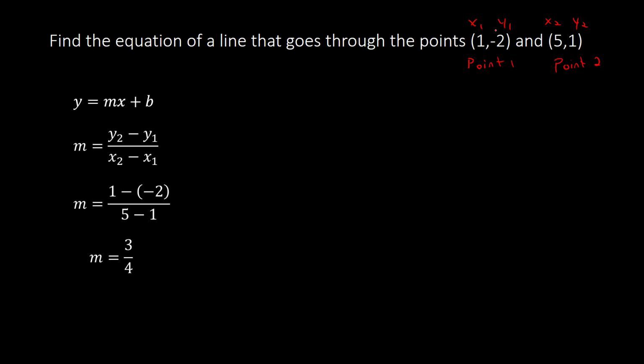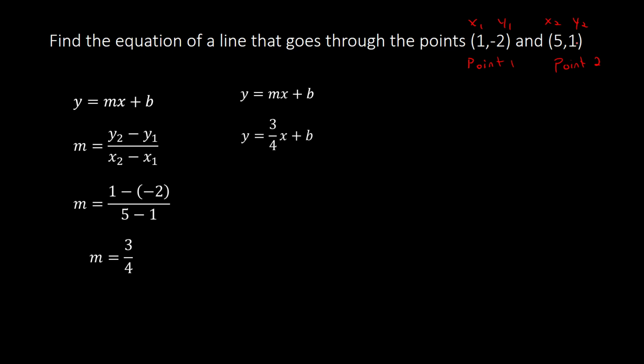So I can plug that in to my equation y equals mx plus b, where m is 3/4. And then now we just need to find this b value. So what is your y-intercept? Well, we can do the same thing that we just did for the level 2 problem, where we can pick one of these points, either (1, -2) or (5, 1).